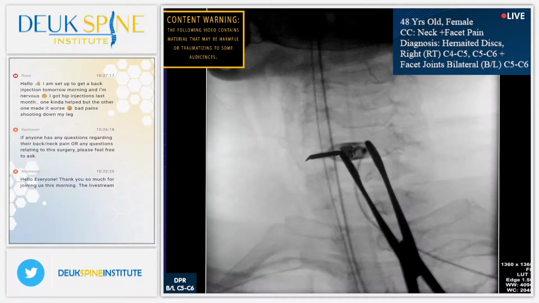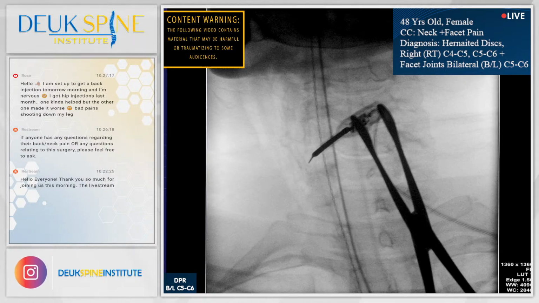Welcome back. You can see how our Deuk plasma rhizotomy, which is a patented procedure, by the way, that I developed here at Deuk Spine maybe 2 years ago, works. It is more energy delivered at the end of our wand.